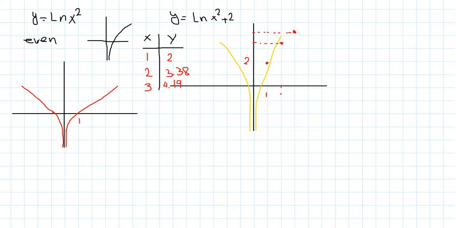This is 2. This is 3. So easily I can draw it, because it is even, I should reflect it to the y-axis. It is the graph of ln x squared plus 2.